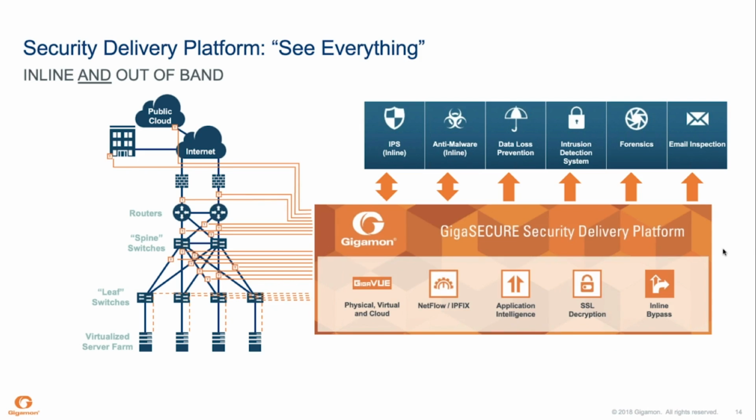We receive that traffic back from that IPS tool, and we forward it down to the next tools. You can daisy chain as many of these tools as you want. The benefit here, Dave, is that if one of these tools goes down, Gigamon will take care of the failover and pass that request onward without bringing down the entire network.